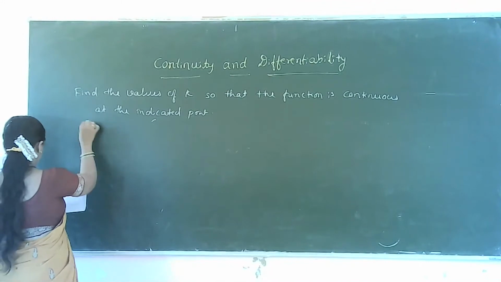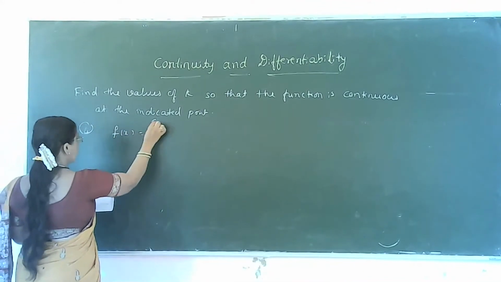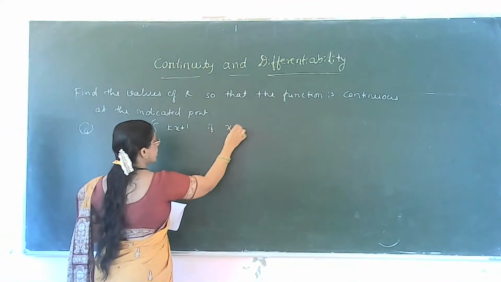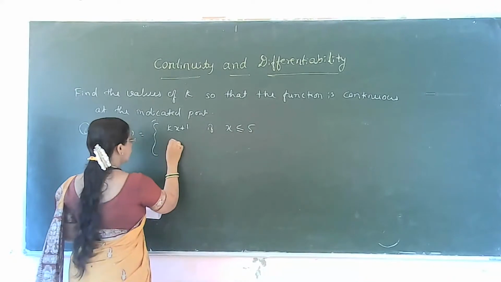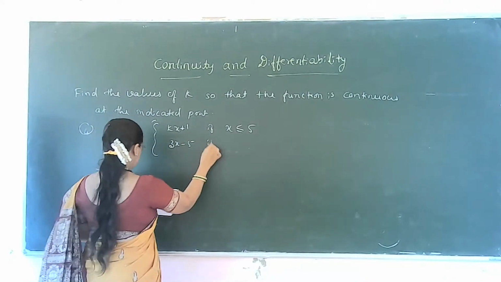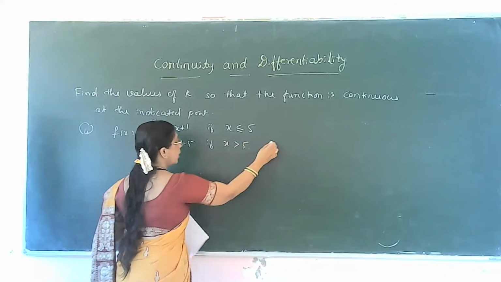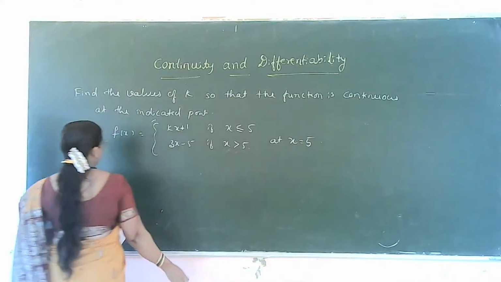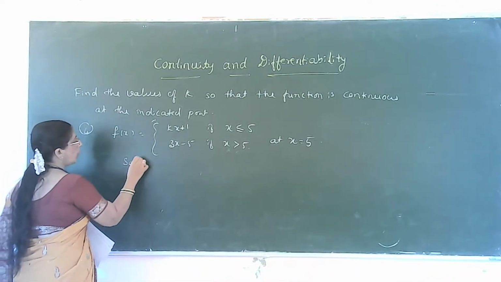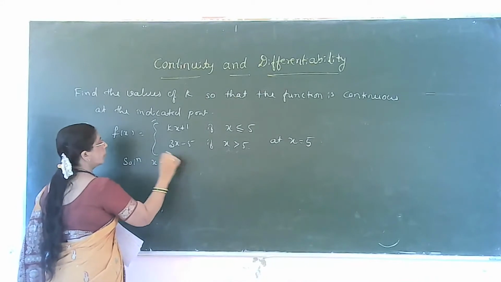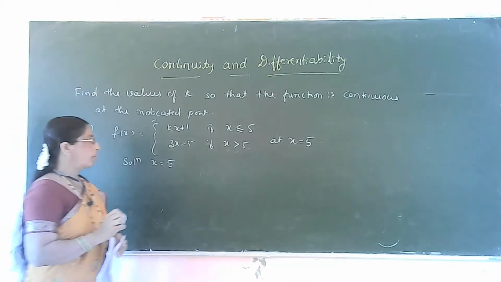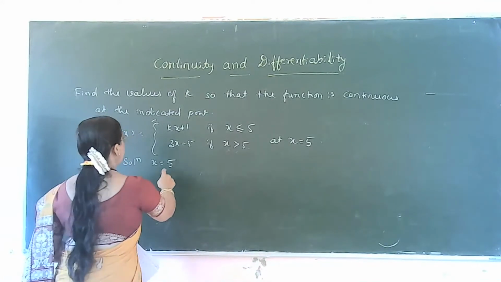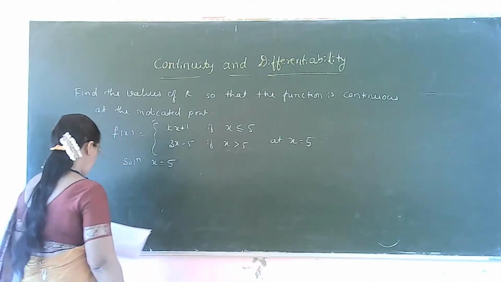Another problem, fourth one. f of x is equal to kx plus 1 if x is less than or equal to 5, 3x minus 5 if x is greater than 5, at x equal to 5. Here, for the solution, we have to find continuity at x equal to 5, equate the LHL and RHL and f of 5.